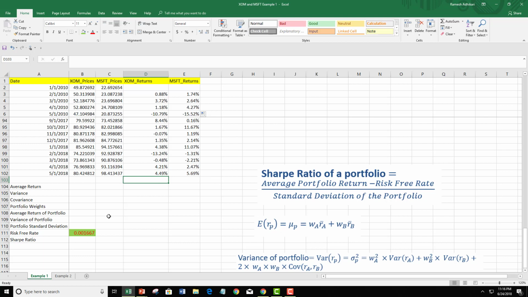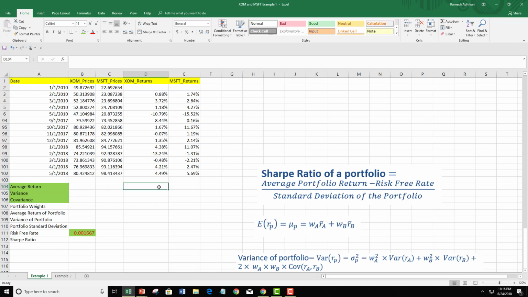So we are being asked to compute the portfolio mean and the portfolio standard deviation as well as the Sharpe ratio. But before we get there, we need to compute the individual stocks' average return, variance, as well as the covariance, because we need these three in order to compute the portfolio mean and the portfolio standard deviation. So let's compute average return first.